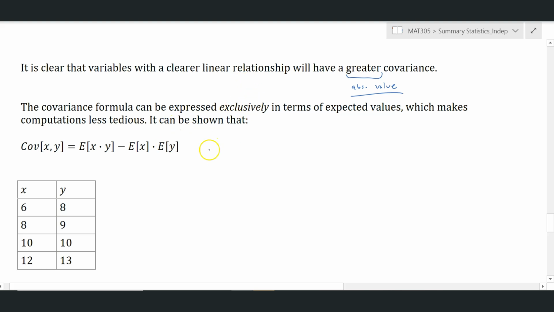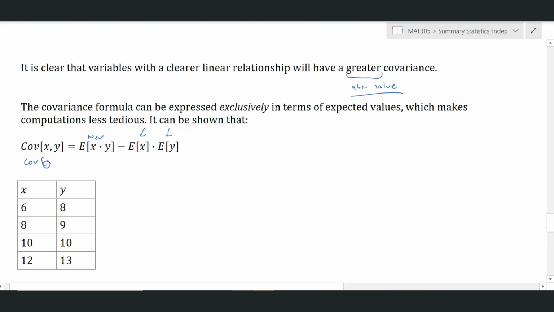We could do some mathematics on the covariance formula, which we're not going to do here, but we would actually get the expected value of x times y minus the expected value of x times the expected value of y. These two things are already computed in the data. This is a new quantity that we need to compute, but it turns out that it's pretty quick and easy to do.